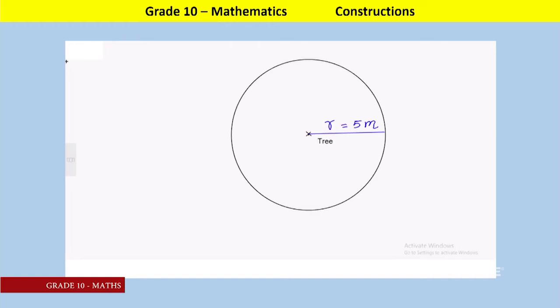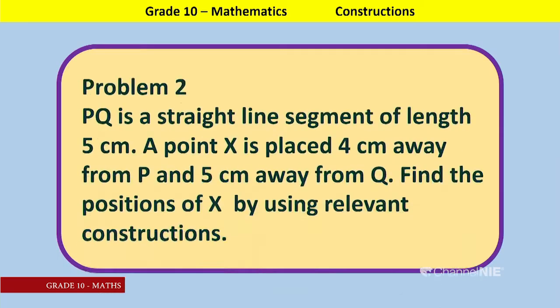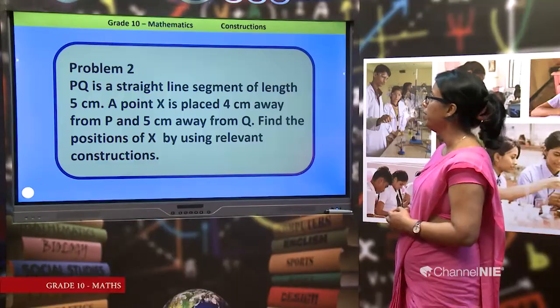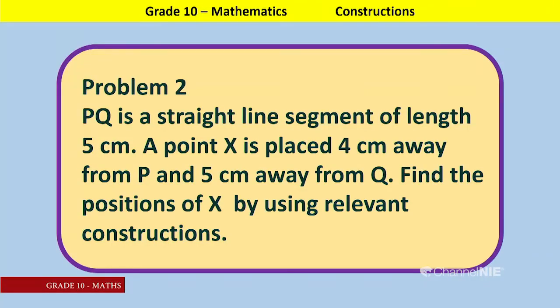Let's try another question. PQ is a straight line segment of length 5 centimeters. A point X is placed 4 centimeters away from P and 5 centimeters away from Q. Find the positions of X by using the relevant constructions.